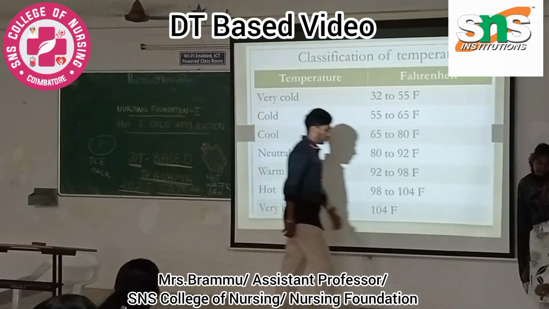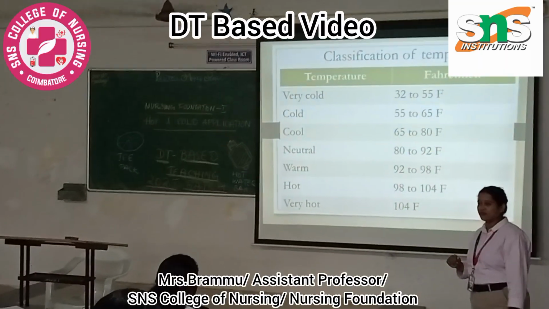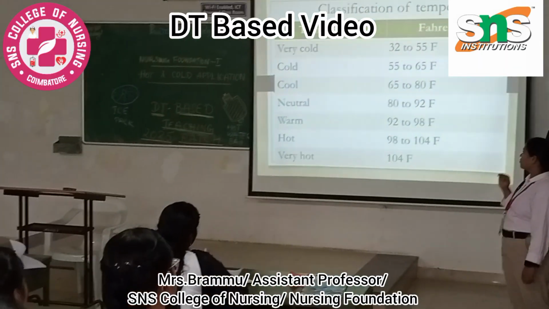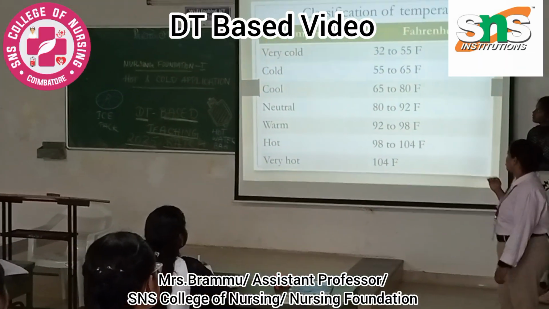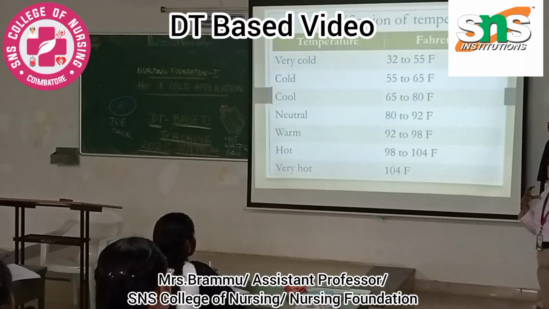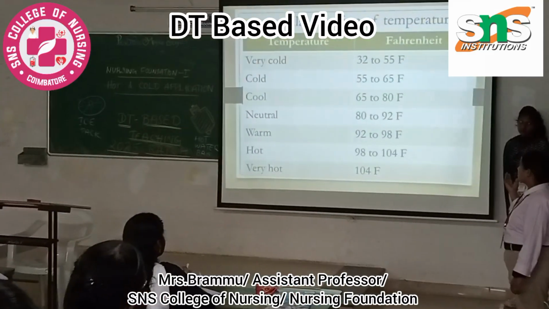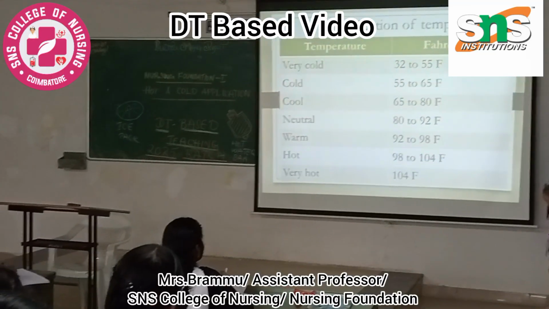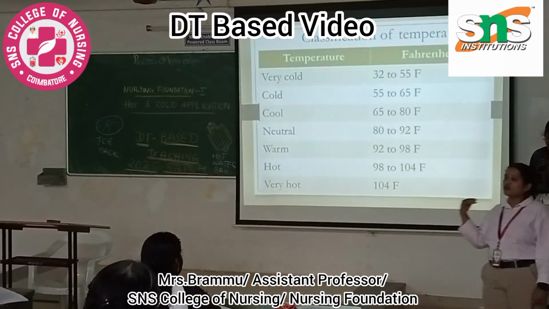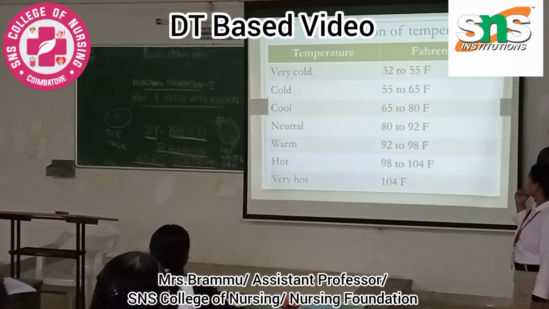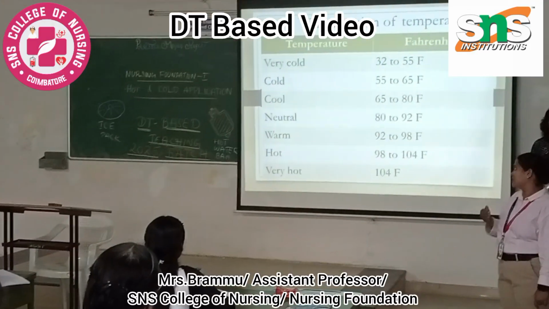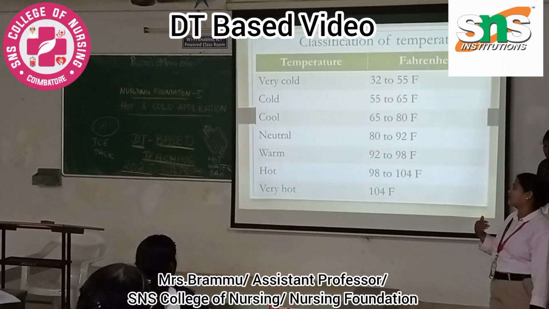So next, I am here myself to explain the classification of temperatures, and how we are going to use them. The normal temperature we use on our body surfaces, like when taking a bath in daily activities, might be from 80 to 92 degrees Fahrenheit. If you want to move to cool temperatures, we go to lesser degrees, that is 55 to 65 degrees.